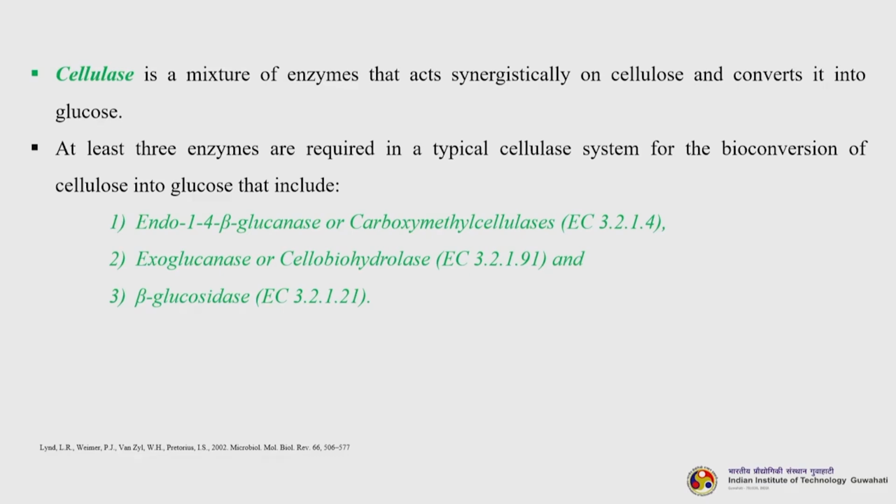At least 3 enzymes are required in a typical cellulase system for the bioconversion of cellulose into glucose: endo 1,4 beta glucanase or carboxymethyl cellulase, exoglucanase or cellobiohydrolase (CBH), and then beta glucosidase. Every single enzyme has a different role, and we will discuss what their roles are.